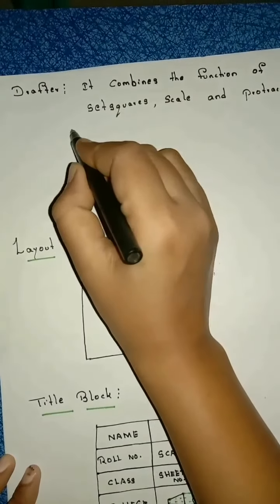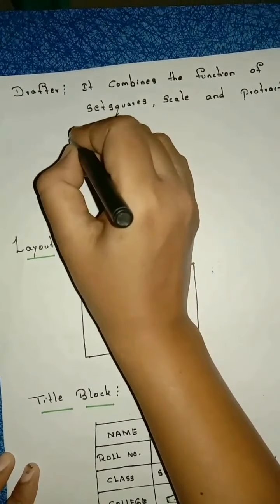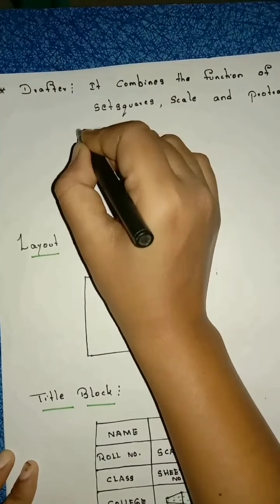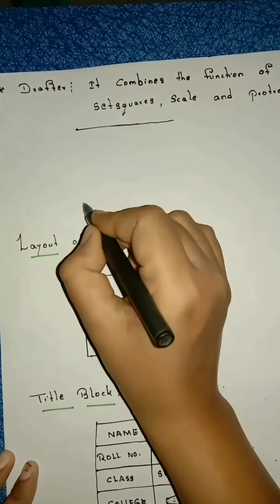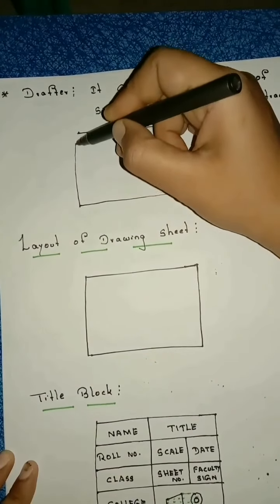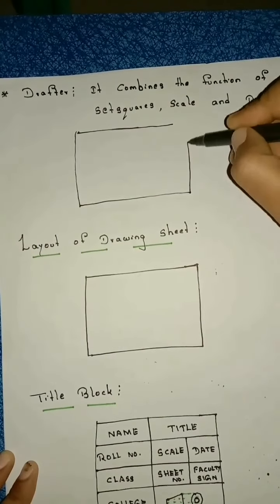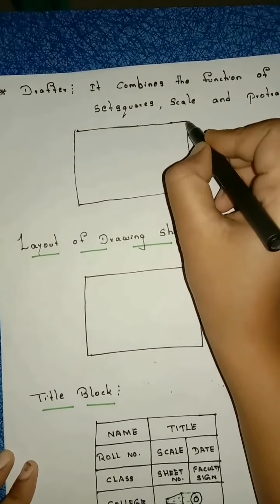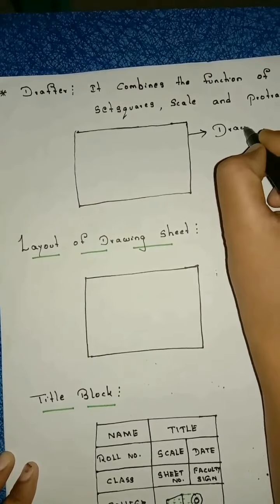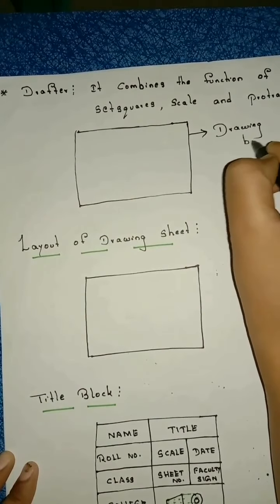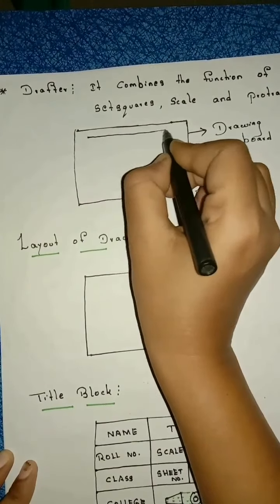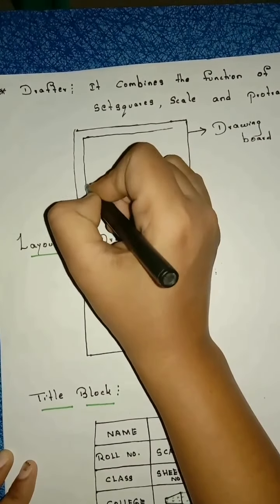So see, this is your drawing board, right? On the drawing board you are placing the drawing sheet.